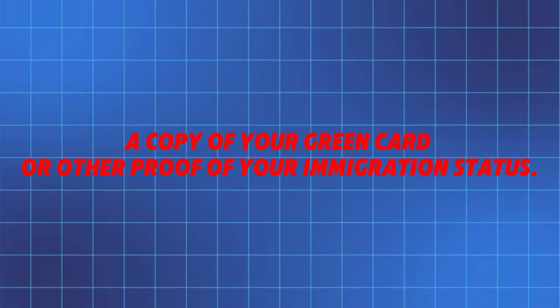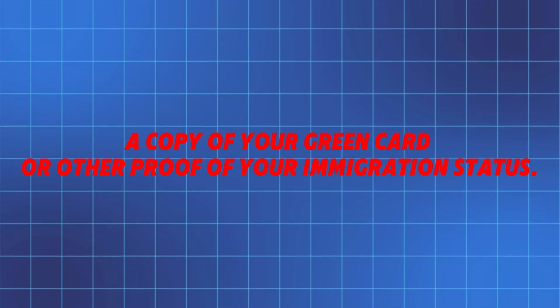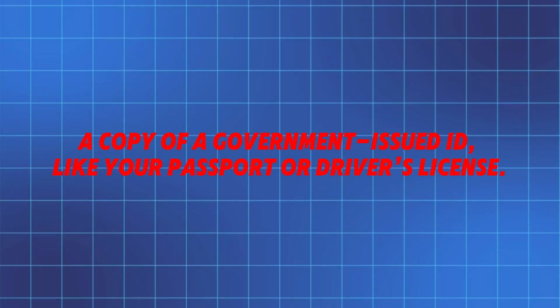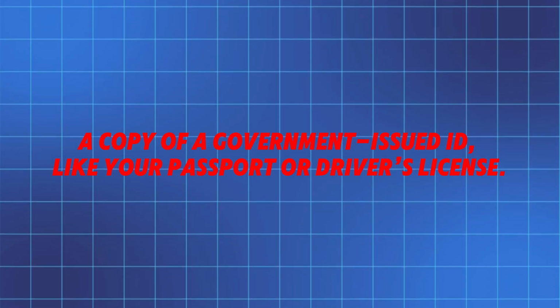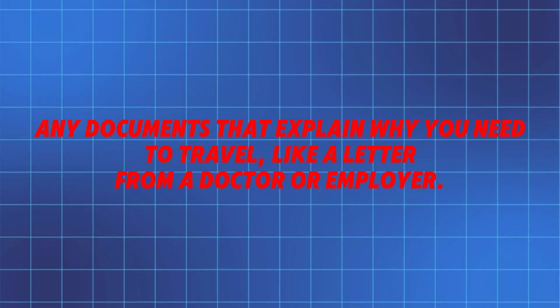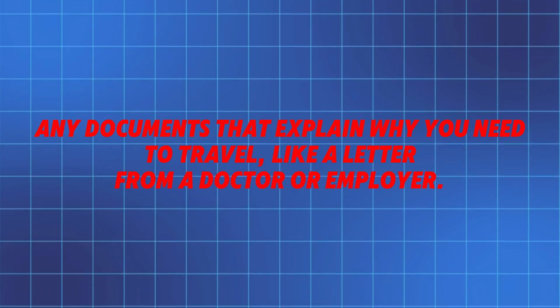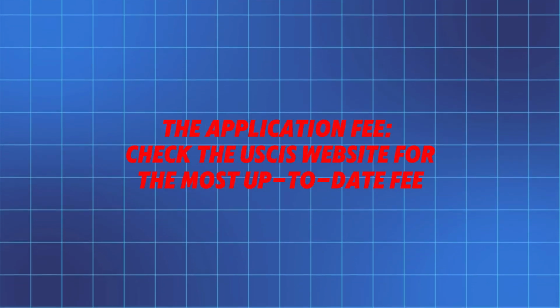Here is the checklist of some of them. One, a copy of your green card or other proof of your immigration status. The second is passport style photos. Normally it's 2 photos that you submit. The third one is a copy of a government-issued ID like your passport or driver license. Then the next one is any document that explains why you need to travel, like a letter from a doctor or an employer. And then the application fee.